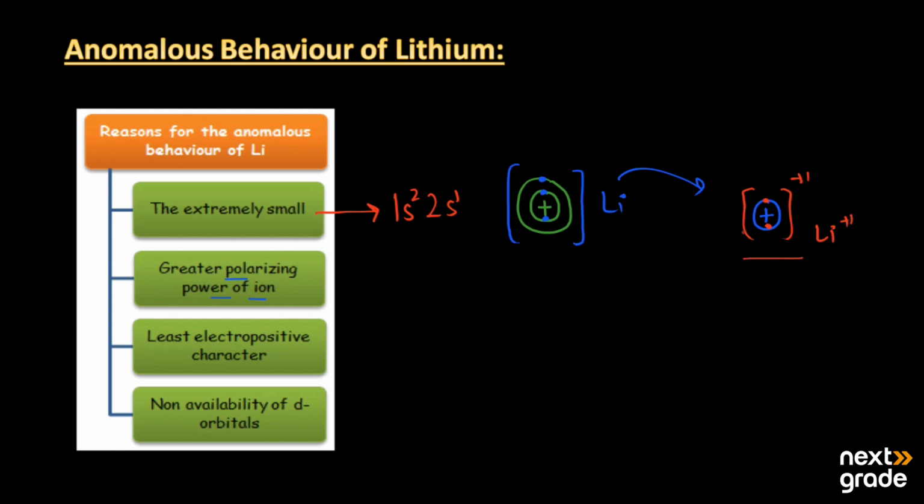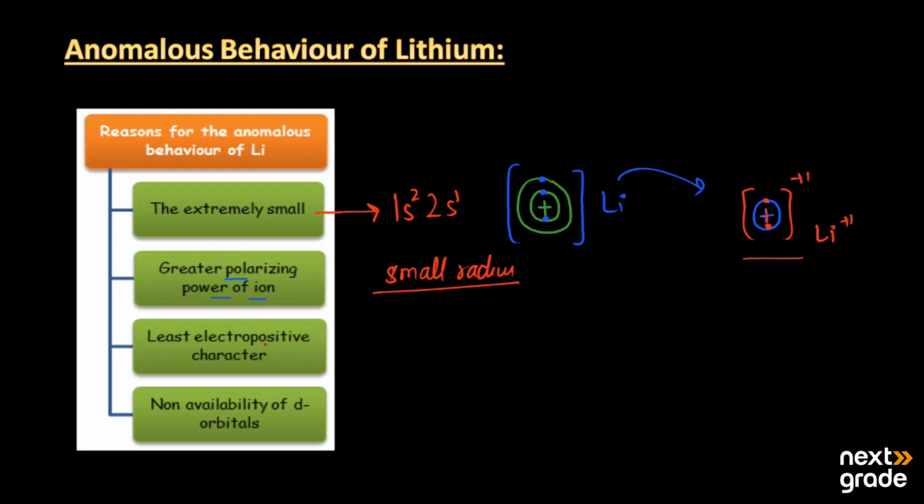It has high polarizability because there is only a single shell, and there is no shielding effect between the electrons of the valence shell and the nucleus. So that's why it has high charge density and very small radius. As it has a very small radius and high charge, it has high polarizing power.